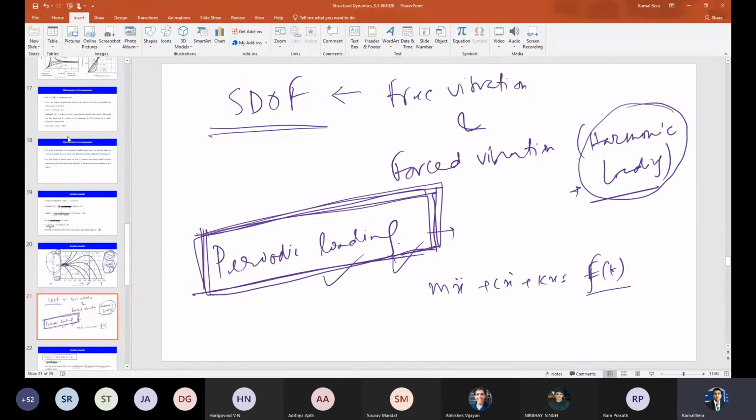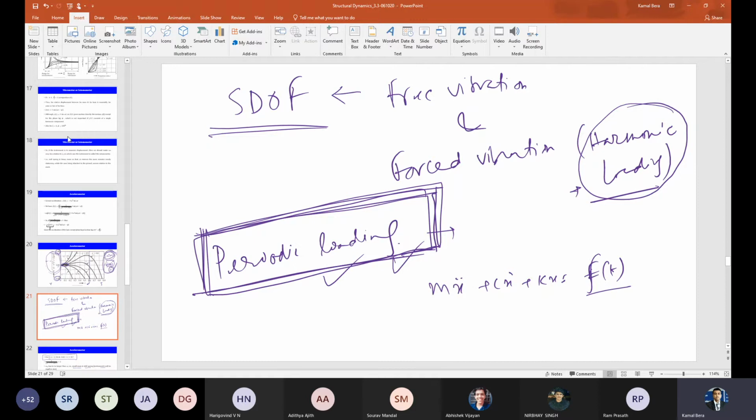Any mathematical thing coming to your mind? You have learned it definitely. Numerical interpolation? No, you are not going to the numerical thing. Numerically you can solve any excitation, but you will come to that later.